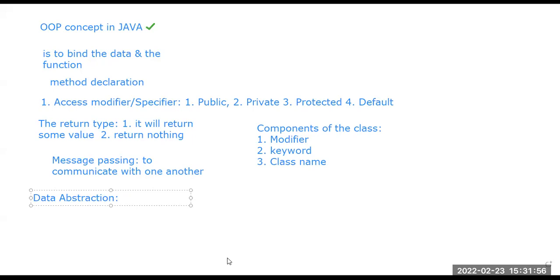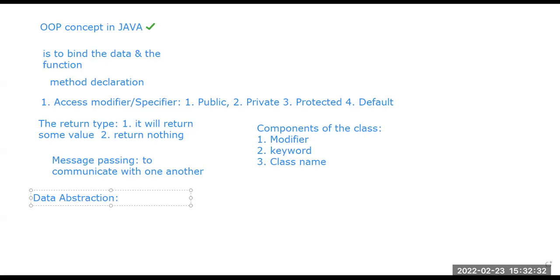How it is working, what is the backend scenario, what is going on, a user is not going to know about that. The user only sees the interfaces, puts some inputs and gets some output. That is the essential information for the user, nothing more than that. That is the property called data abstraction, where only the essential details are displayed to the user.